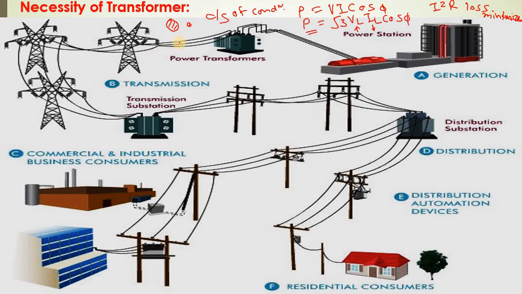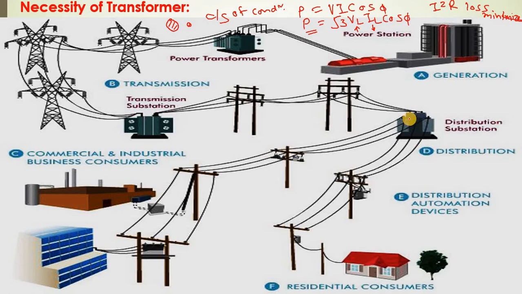As the conductor cross section reduces, its weight will get reduced. So this is another advantage, along with the first advantage that the I square R loss, that is the power loss, will be minimized.